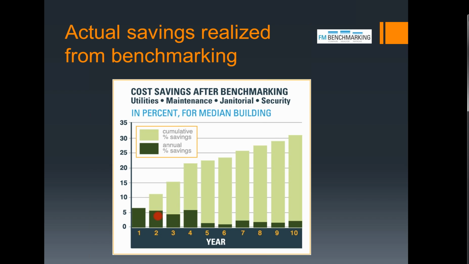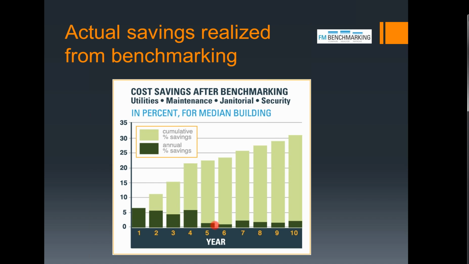Look at the dark green numbers first, only those. And you'll see that these represent how much more savings there is in a given year, like in the second year, above and beyond the savings from the first year. And this line shows the number in the third year above and beyond the first two.